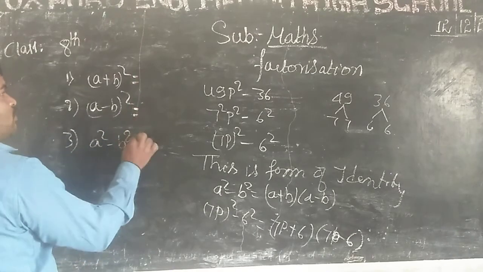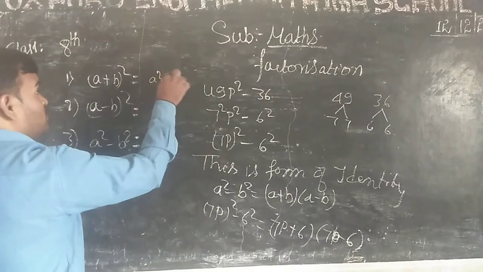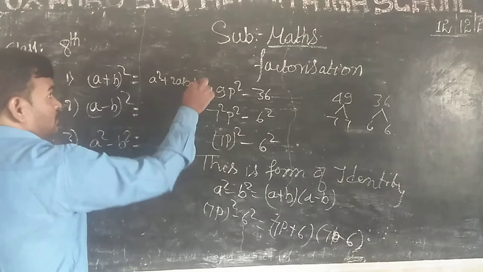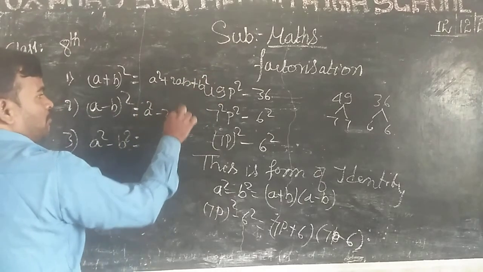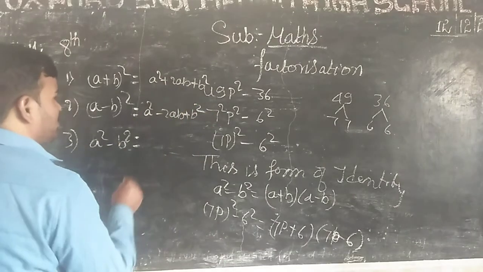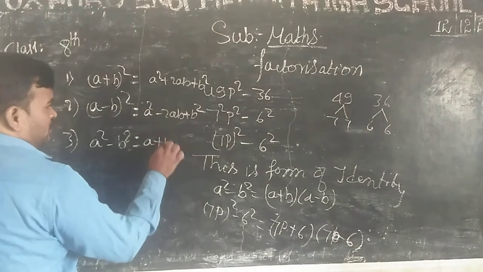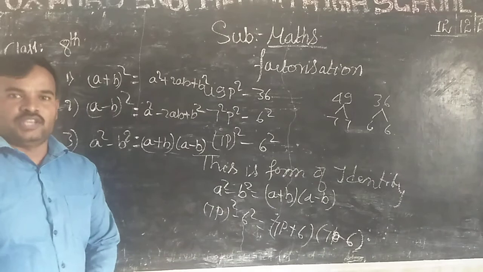So a plus b whole square is a square plus 2ab plus b square. And a minus b whole square is a square minus 2ab plus b square. A square minus b square is a plus b into a minus b.